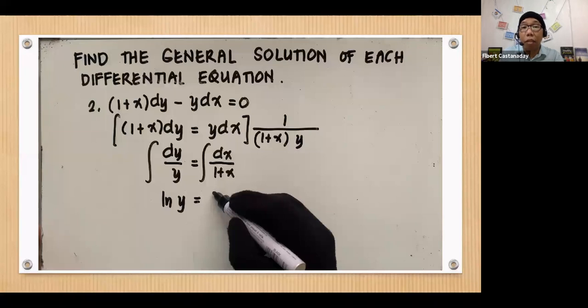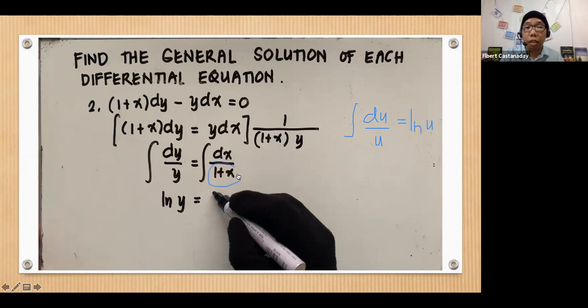1 dx over 1 plus x. If you check that, our formula for that is, just a recall, guys. Di ba, the integral of du over u is equal to ln of u. Do you remember this?